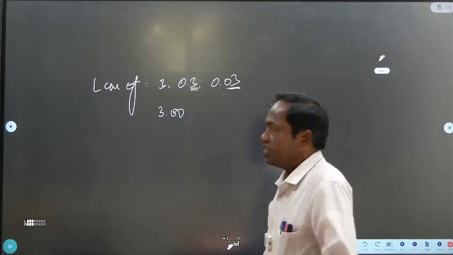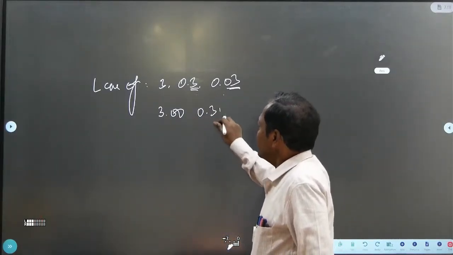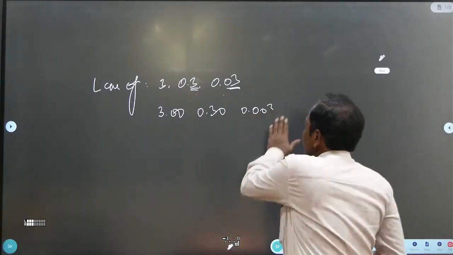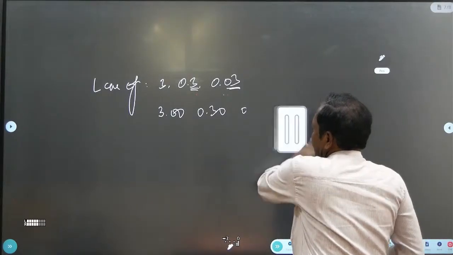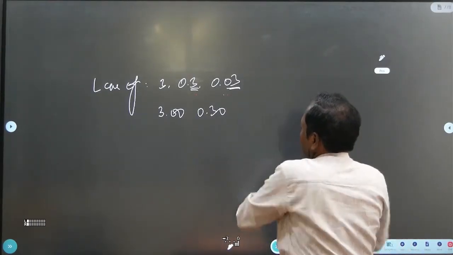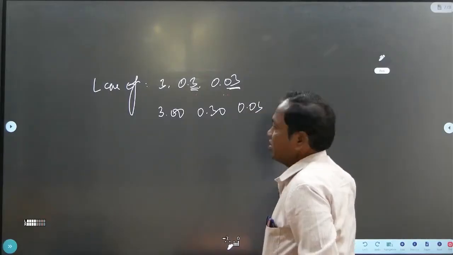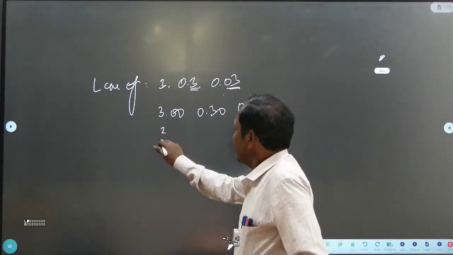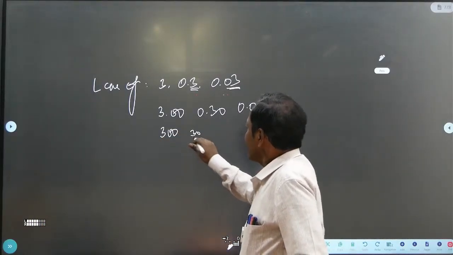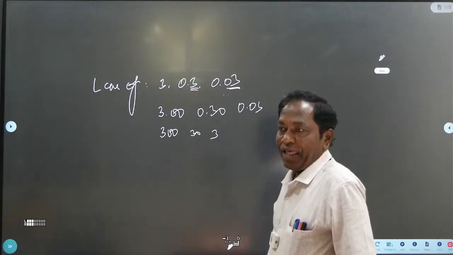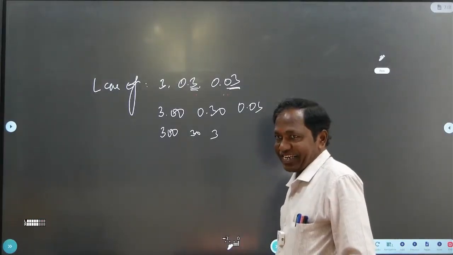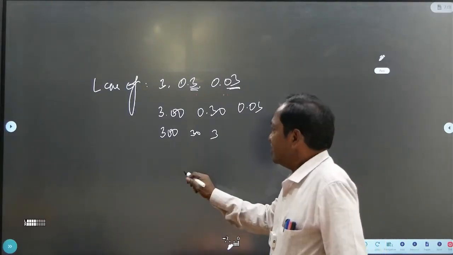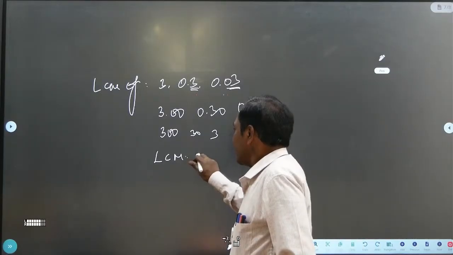Now for uniformity, you can see that: here 0.30 and 0.03. Now you ignore the decimal, you just write the numbers: 300, 30 and 3. What is the biggest number? 300. Is 300 a multiple of 30? Yes. Is 300 a multiple of 3? Yes. Then the LCM is 300.